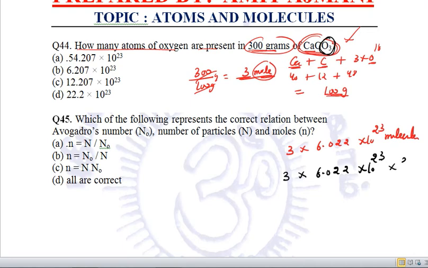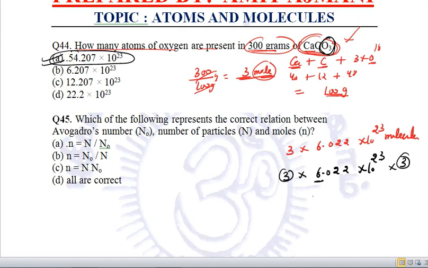Multiply by 3. So 3 into 3 is 9. 9 into 6 is 54. So 54.198 into 10 to the power 23. This will be our answer. So you need to relate how to calculate. Got it?